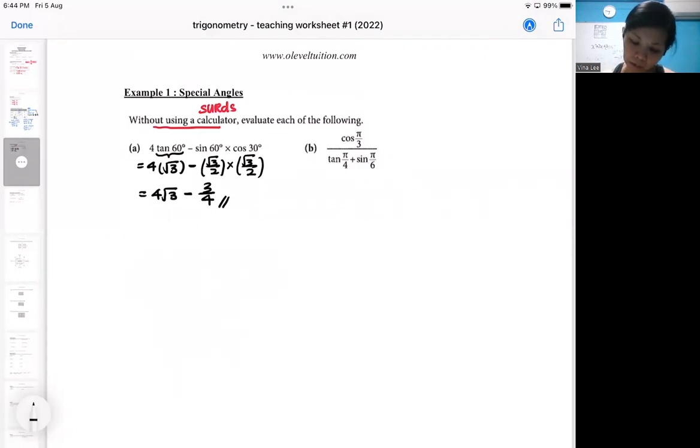Okay, so same for this one. So this is a half. This is a 1. This is a half.